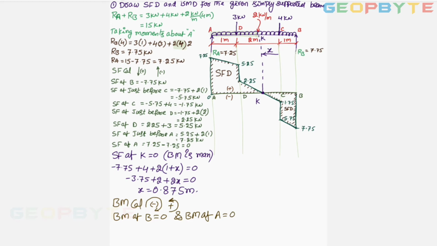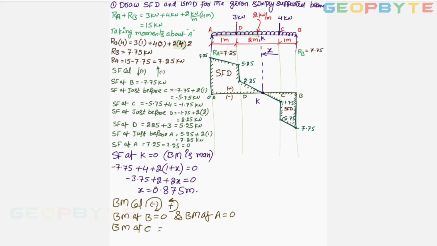We know that for a simply supported beam, bending moment at both supporting points will be equal to 0. Now the BM at C.